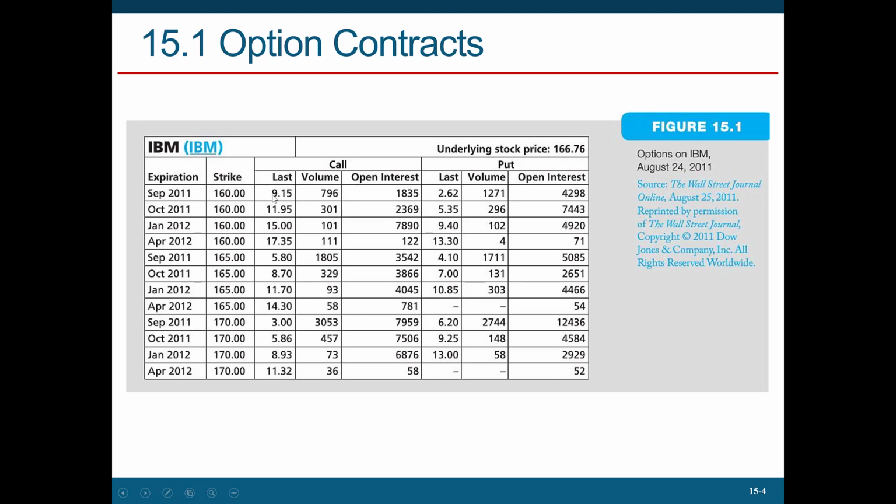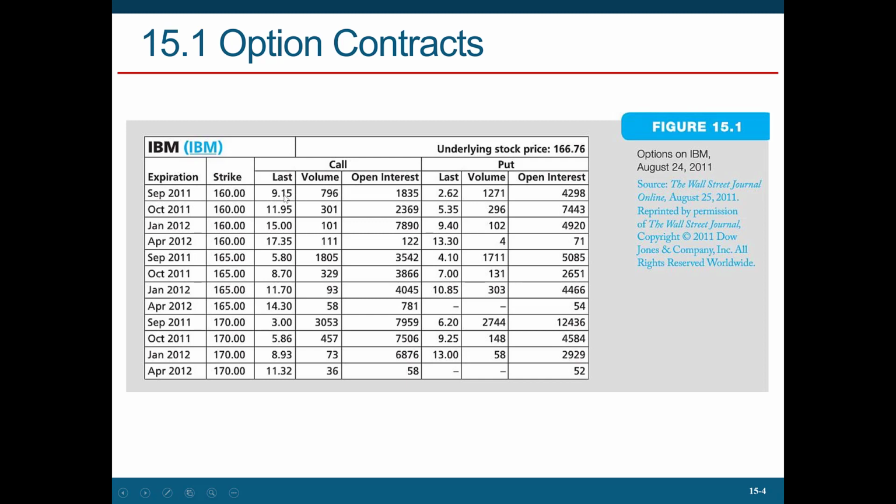And this next column is basically the option price, $9.15 per option. Each option will cost you $9.15, and each option gives you the right to buy one share of IBM. So you pay $9.15 today, or on the date of this quote, and by paying $9.15, you're basically locking in your purchase price for one share of IBM at $160, and you can buy it at that price at any time up until the expiration date.